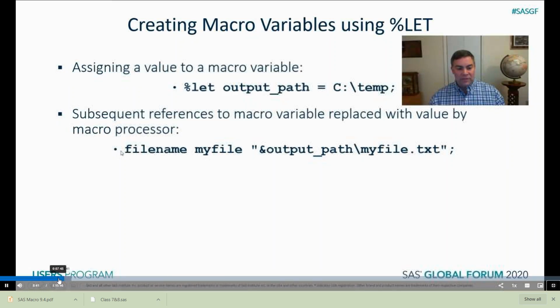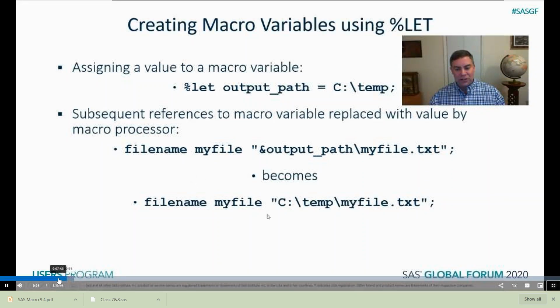So the macro processor doesn't care about file name, my file, those just pass on through, but then it sees ampersand output_path and says, that's a macro variable reference. I need to go check the symbol table, find out what value that macro variable has, and replace that reference with that value from the symbol table. So it goes to the symbol table and finds C:\temp, and that value is placed into the input buffer instead of ampersand output_path.